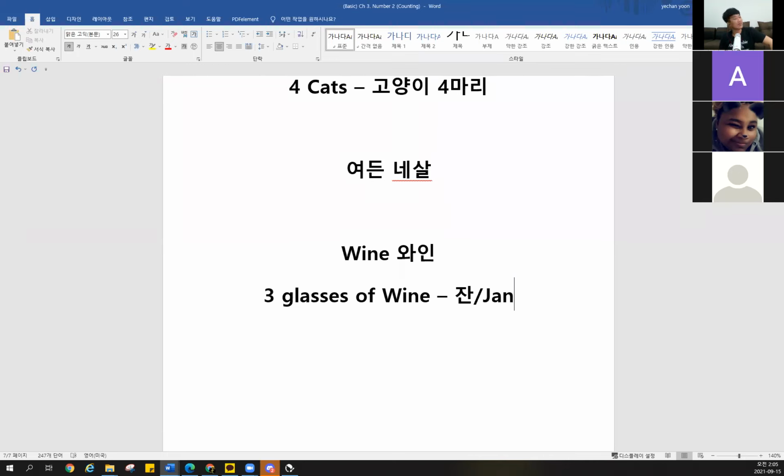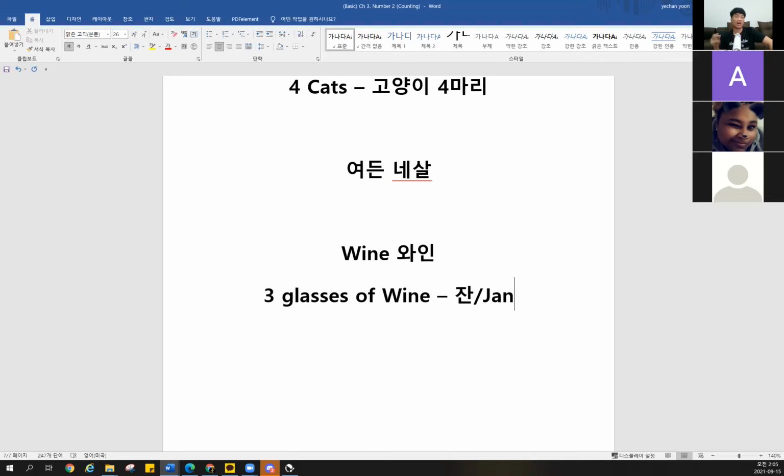Wine 서 잔. Okay, a bit closer. Almost close, but the number needs a bit more thought. Wine and 잔 were correct, but what is the changing form of 3? You can try. 셋, oh, 세 잔. Okay, 세 잔 was correct.